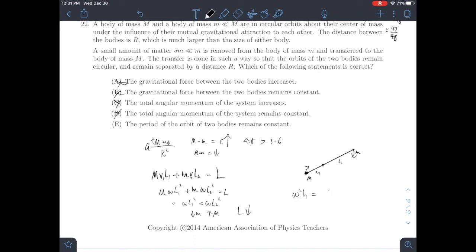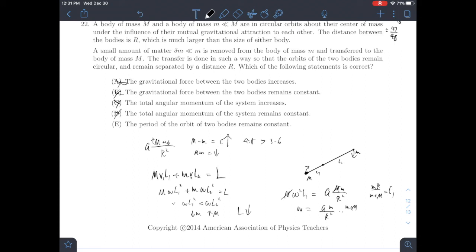Omega squared times L1 is equal to G times m over R squared. Then we cancel out all the m's. We also want to know what L1 is equal to. L1 is the distance of the central mass away from the bigger mass, which is mR over M plus m. And we plug this in.